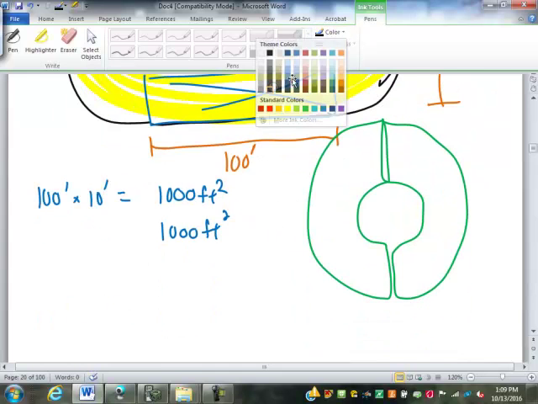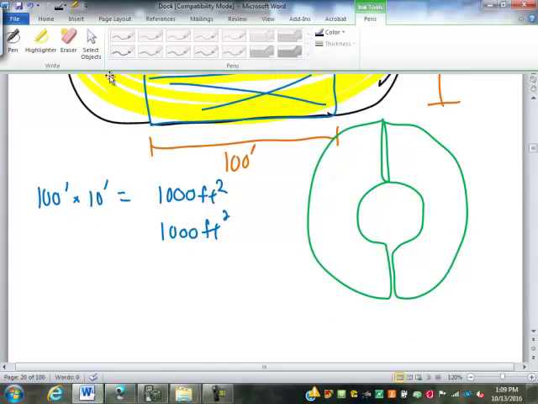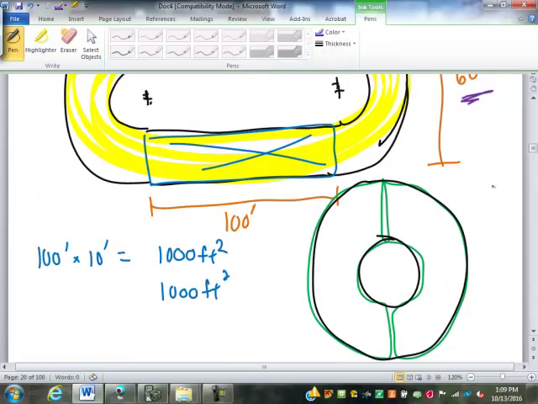Circle type deal. And we've worked on something similar to this before, where we have a ring. We have the big circle and the little circle inside. This was 60 feet diameter, so the radius of the big circle is 30. Since it was 10 feet across here, the radius of the little circle is 20.